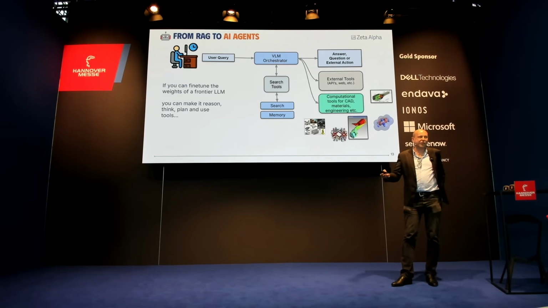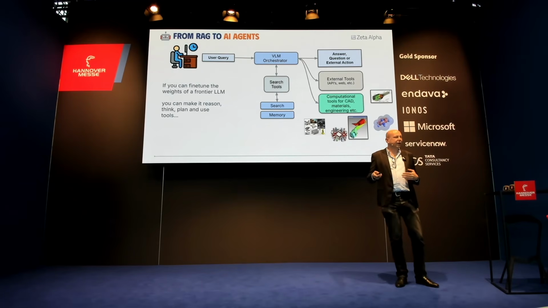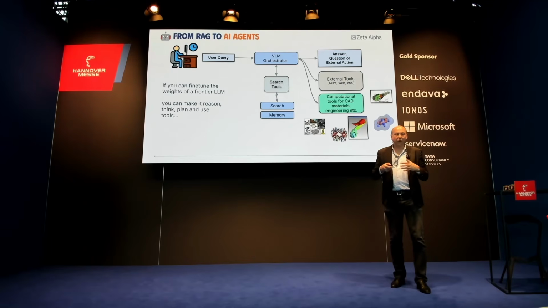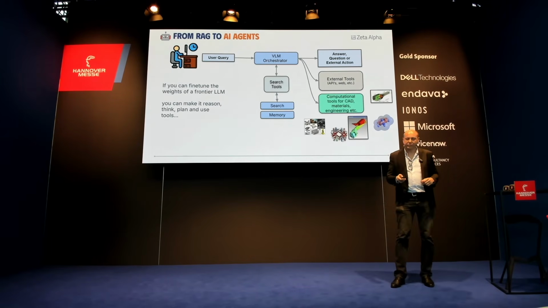Not just a vector search engine, you probably want structured metadata, filters, graphs, all kinds of different combinations of searches. And you also want to use existing tools, whether they are existing APIs or interfaces to other systems that you have, or specific tools for CAD or chemistry or what have you.